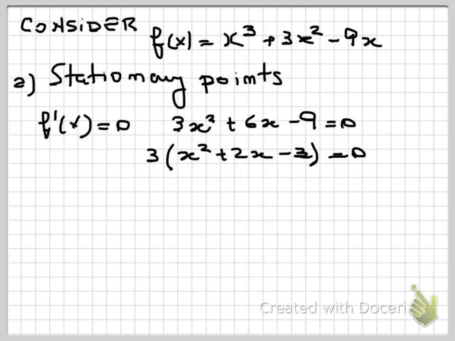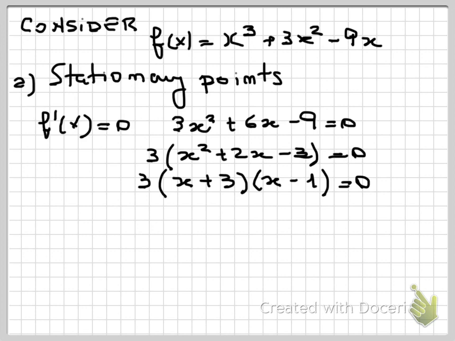Well, once I have this, I will keep on factorizing to state the stationary points better. I know that this is a quadratic, therefore I need two numbers whose multiplication is minus 3 and whose addition is 2. So to get an addition of 2 and a multiplication of negative 3, we need x plus 3 times x minus 1.